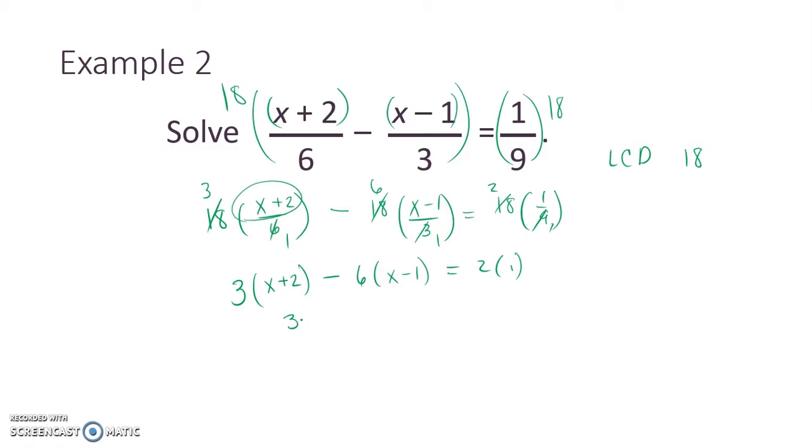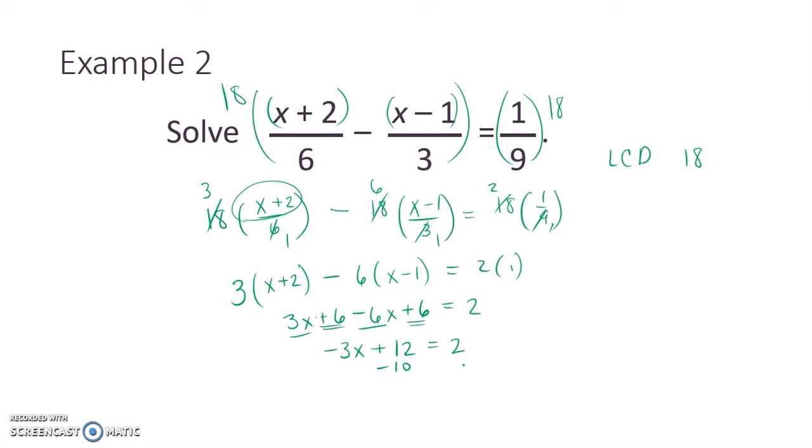So we'll have 3x plus 6 minus 6x plus 6, so we have a negative 6 times a negative 1, equals 2. Combine our like terms. So our 3x and our negative 6x will give negative 3x, and a positive 6 and a positive 6 will be plus 12, equals 2. And then just finish solving.